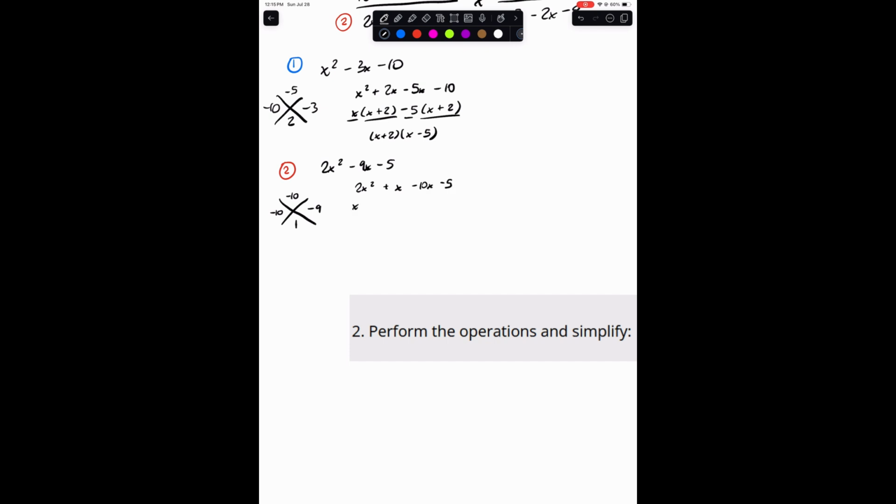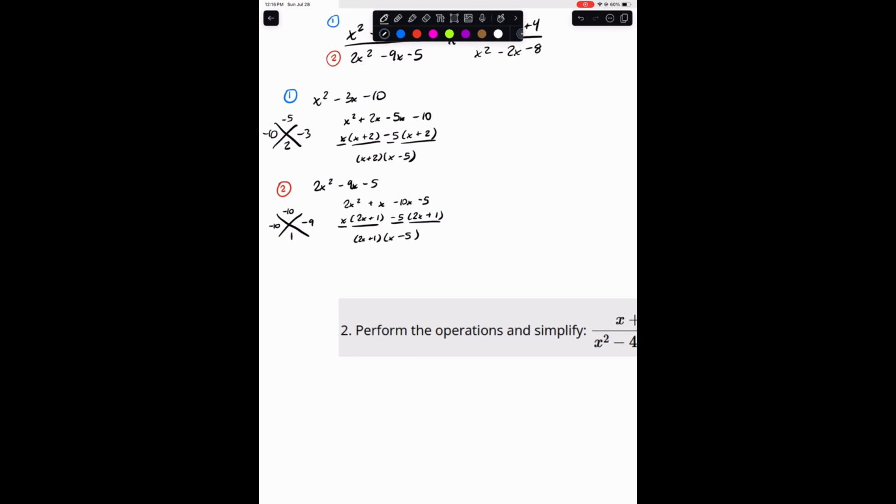We can take out an x on the left side, we're left with 2x plus 1. You can take out a negative 5 on the right side, we're left with 2x plus 1. The common factor is 2x plus 1, and we can add up the rest. And that is our next polynomial.